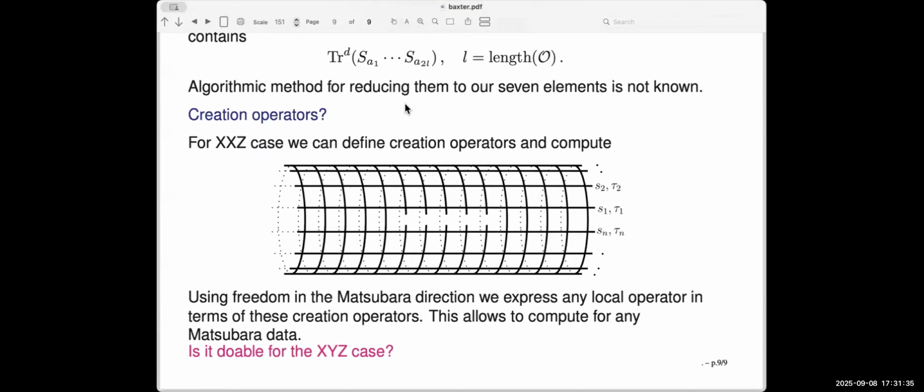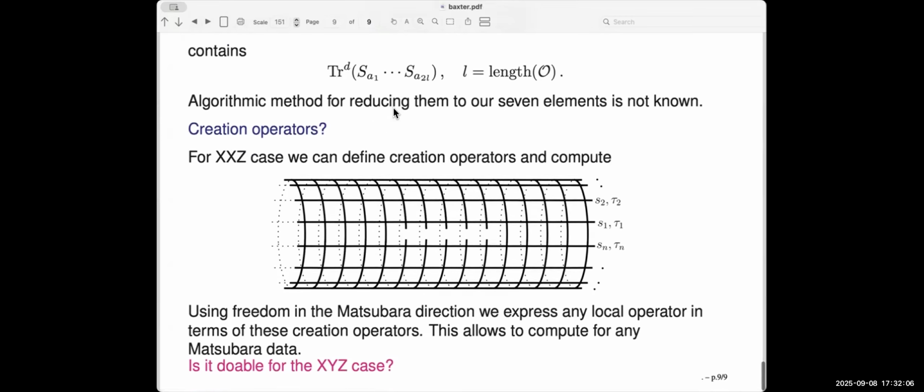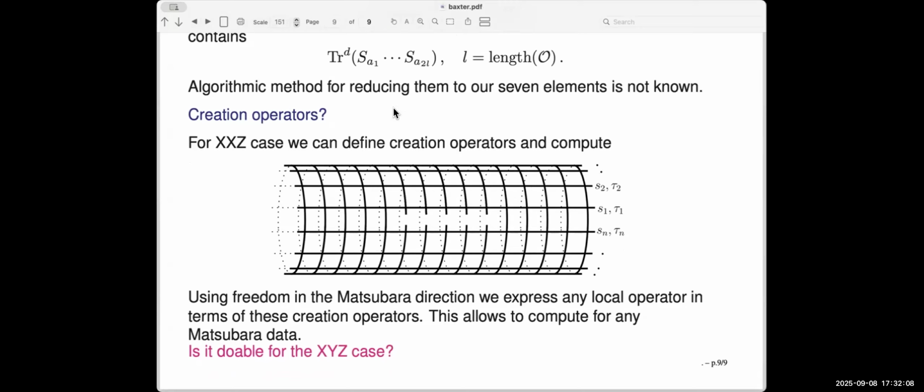On the other hand, the formula which I wrote before is complicated even for the XXZ case. It's not hard, but it takes a lot of computer power to apply them. But in the XXZ case, we have found a way around this difficulty.